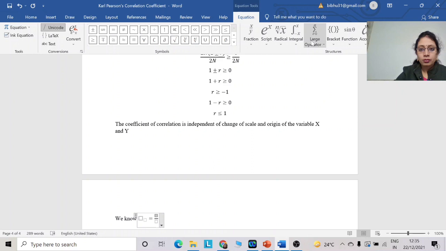So we know that the correlation coefficient formula is equal to summation small xy divided by the whole root over summation small x squares into summation small y squares. So that formula I am writing here.